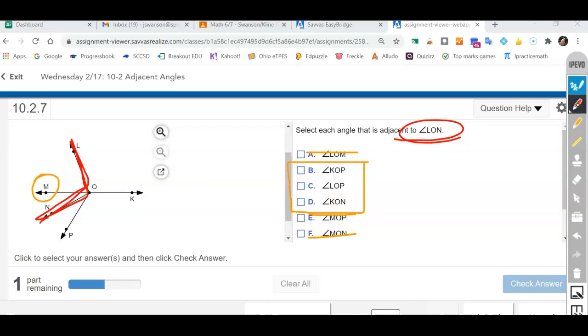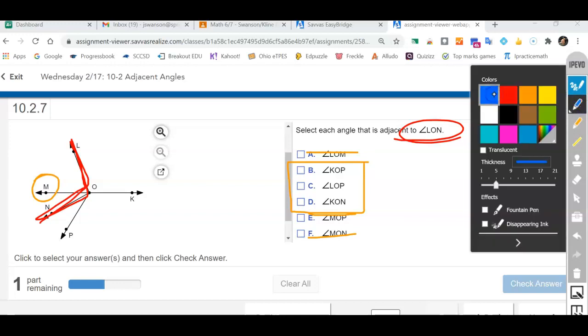Let's look now at those. We have KOP. KOP, is that adjacent? Is KOP adjacent, people? No. There's a gap between them, isn't there? Let's look at LOP. What about LOP, the purple one? Is that adjacent to the red one, LON? No, because LON is sitting on the inside of it, right?